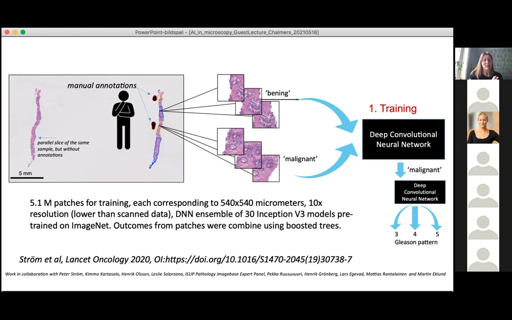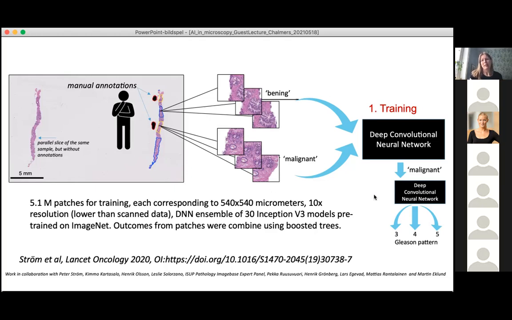I think it would have given equal results if we had started with a network that was not pre-trained. And then of course we got the 30 answers out for each patch. We had many patches per biopsy, so we combined the results from these patches using boosted trees to get a final result.